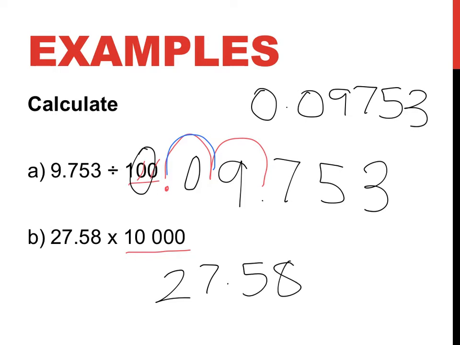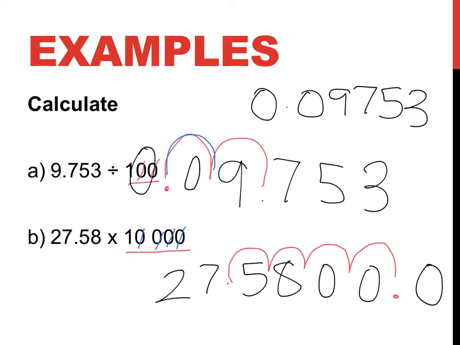Okay, this one down the bottom, 27.58. I'm timesing it by 10,000, so that's 1, 2, 3, 4 zeros. So let's do that same process. Here this is 1, 2, 3, 4. At the end, I put my decimal point. For every little guy I have, I put 2 zeros. My decimal point's there, so I'm going to put a 0 at the end.